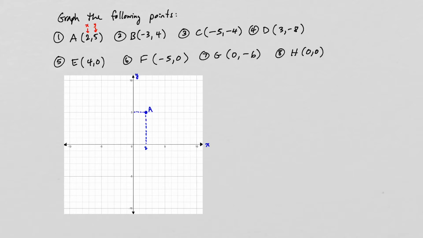And we can do that for all of these points. So let's go ahead and run through this. Point B has an x-coordinate of -3 and a y-coordinate of +4. And so point B is located here. And we don't have to label every point that we're going to graph on the x and y axis.